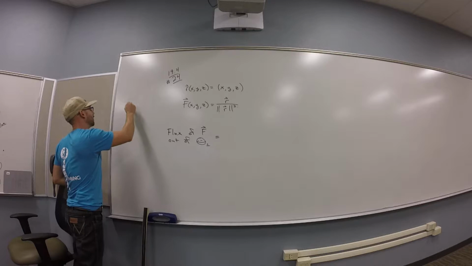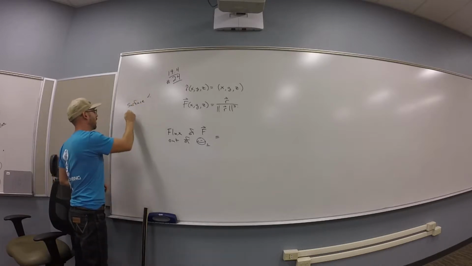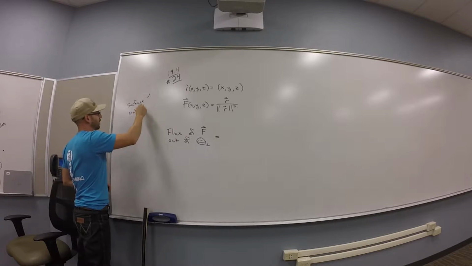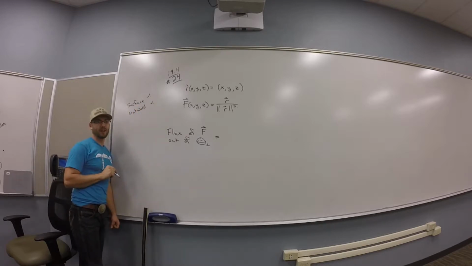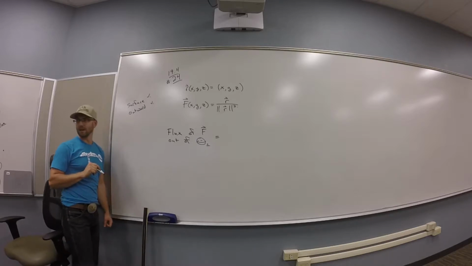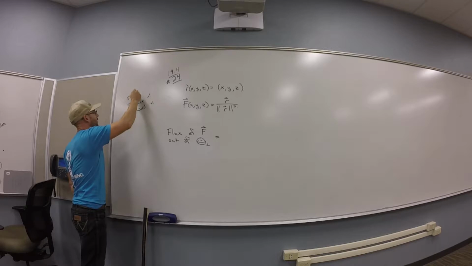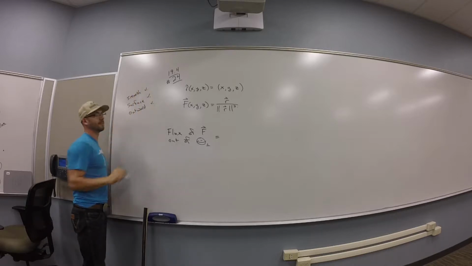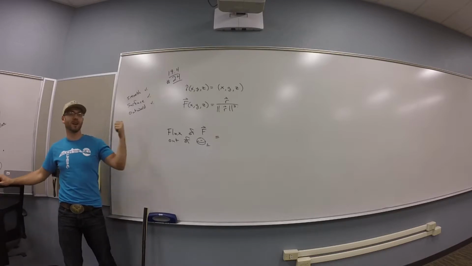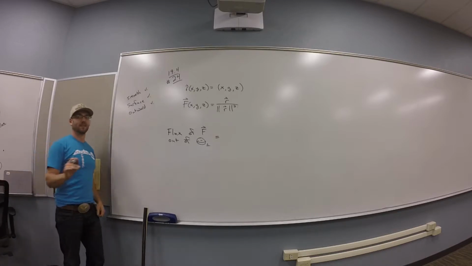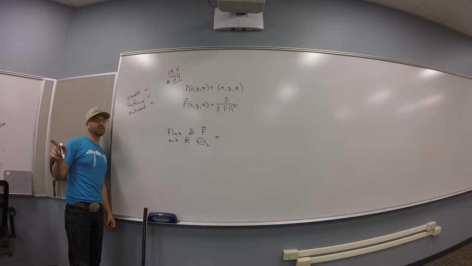So I need a surface, check, outward, check. What else did I need in there? Is it simple, closed, or smooth? Yeah, I needed it to be smooth. I didn't need simple here. The analogy of simple here is outward oriented. Don't we need closed? Yeah, I need some kind of closed surface.